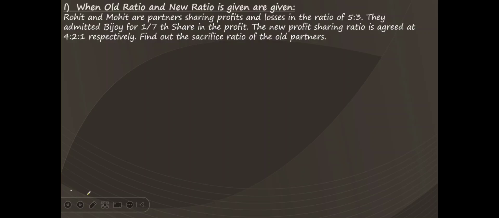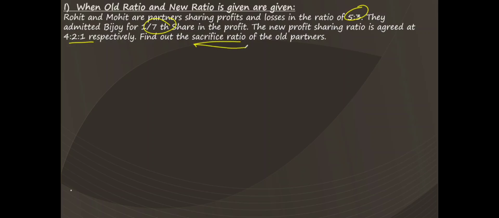Rohit and Mohit are partners sharing profits and losses in the ratio of 5:3. They admit Bijoy for 1/7 share in the profit. The new profit sharing ratio of the firm is 4:2:1 respectively. Find out the sacrifice ratio of the old partners.